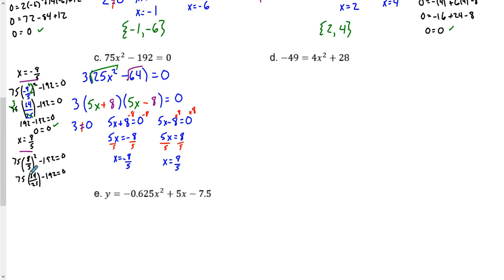And we know that that will reduce down to be 192. And absolutely 0 equals 0. So we're good. To write this in a condensed version, we would write 8 over 5, and we use this symbol, plus or minus. It is not wrong to write it as negative 8 over 5, comma, positive 8 over 5. This is just the condensed version.